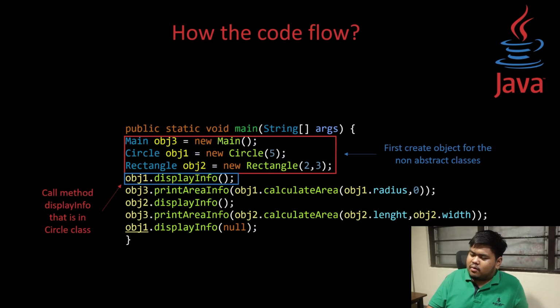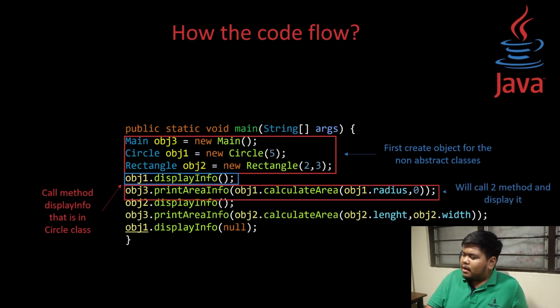And then let's go back to the PSVM, and this will call two methods and display them. So let's see this line properly. Here obj3.printAreaInfo is the method that is in the PSVM class. I will show you later. And obj1.calculateArea is in the circle class.